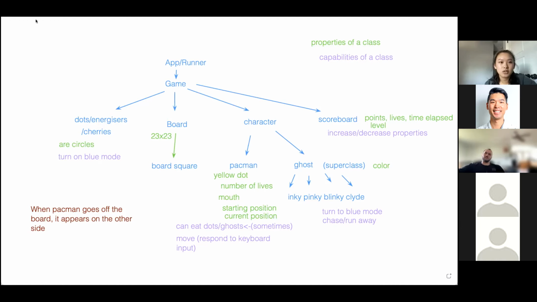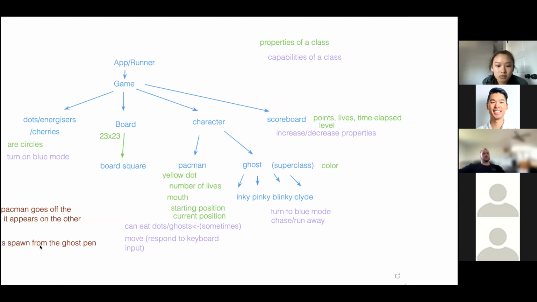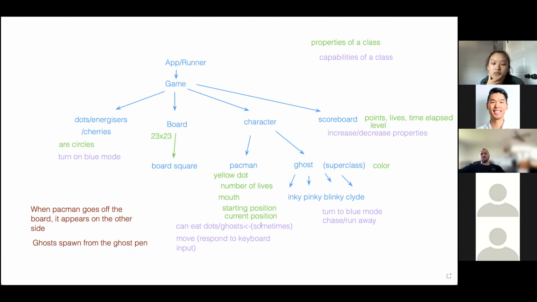My next question is, ghosts spawn from the ghost pen in the center of the map. How might we implement this? Sounds like the ghost pen's an object of the board.